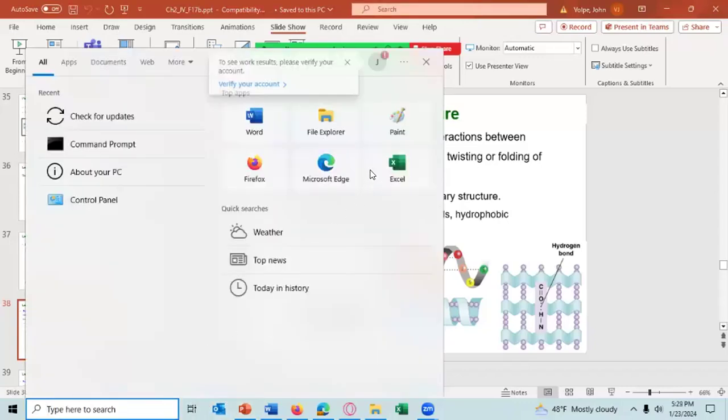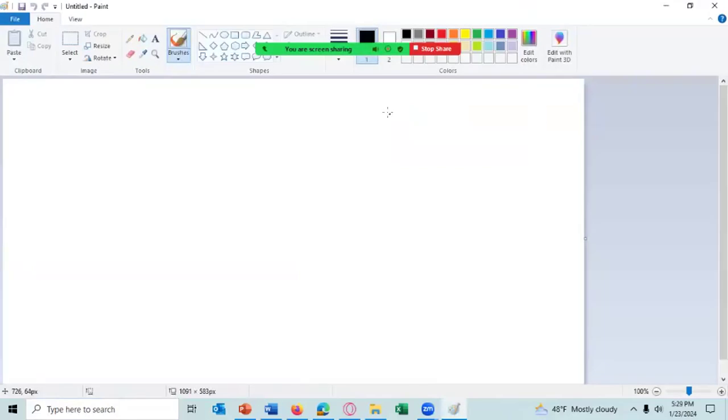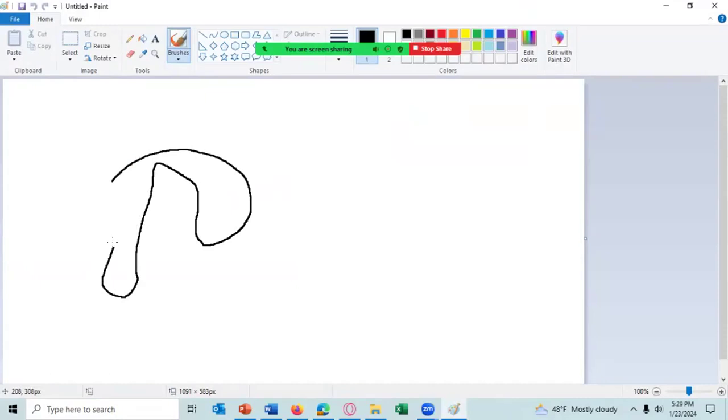Try and find paint. The random coil is where the protein just randomly takes on a shape. Let's make that come out a little further. Something like that.